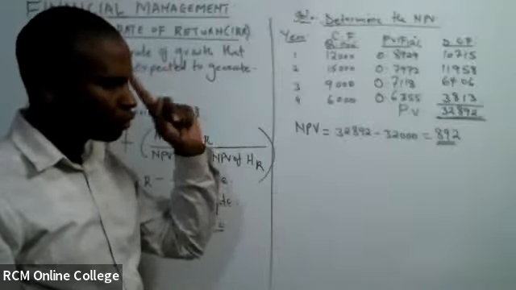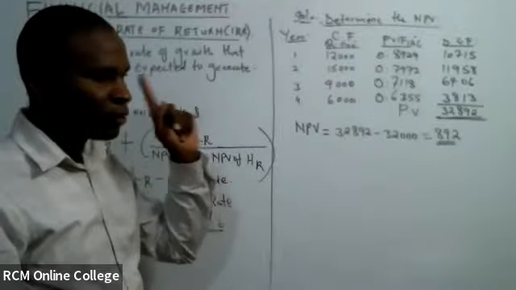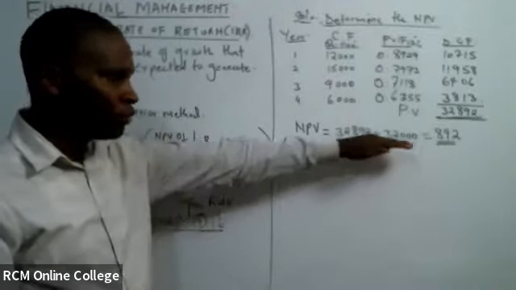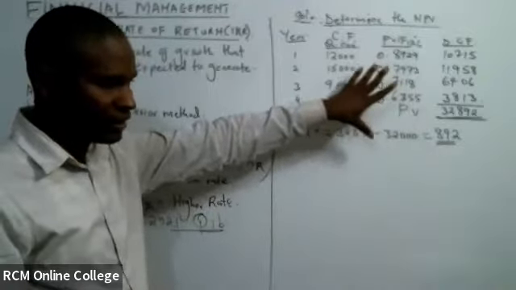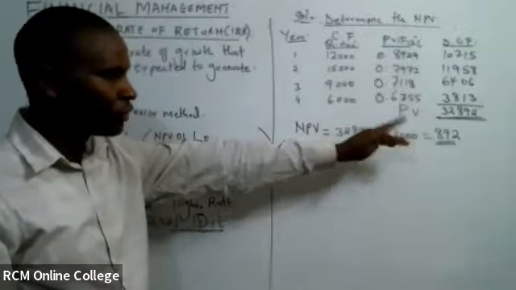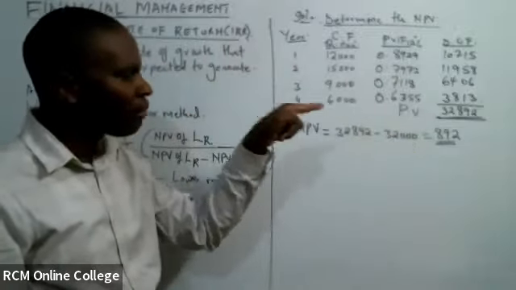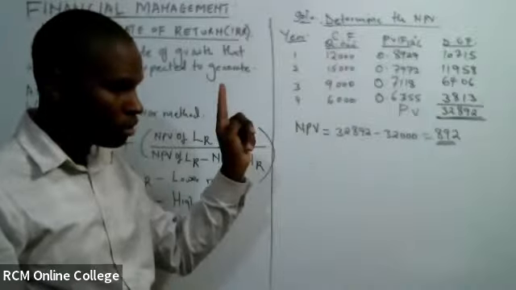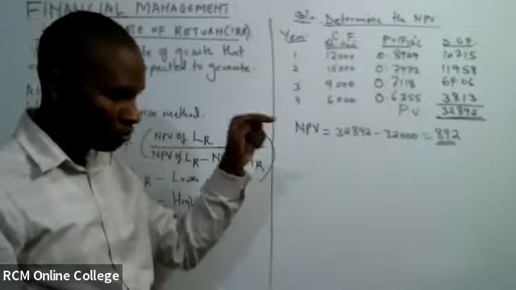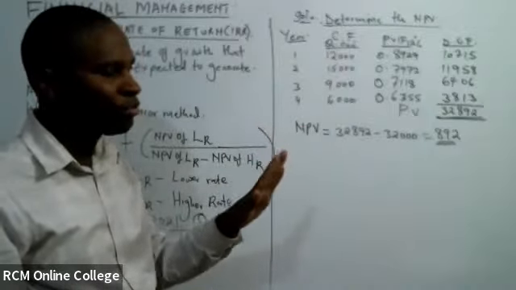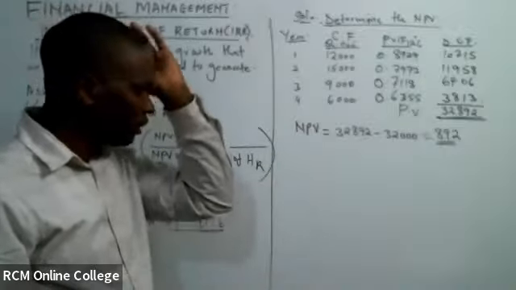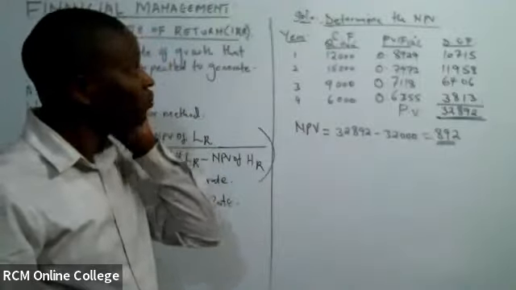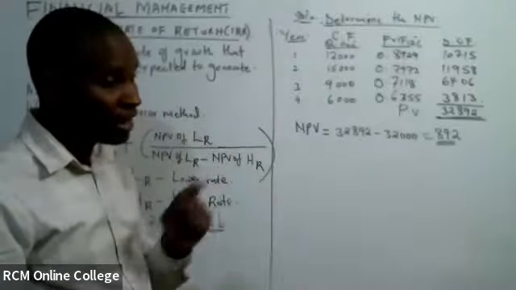We increase the cost of capital. Exactly. If you compute at the first juncture and get a positive NPV, you increase the cost of capital. If we had gotten a negative, what would we do to the cost of capital? Lower it. Just know it like that. So in our case here, we want to get either a negative or zero NPV.